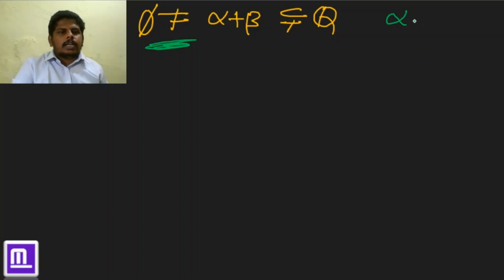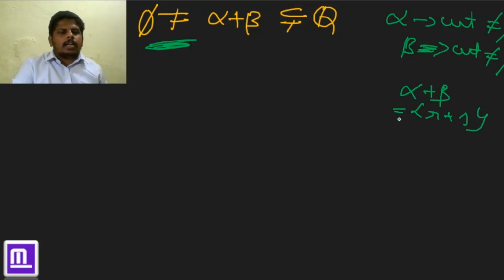Because alpha is a cut, that means it is not a null set, and beta is also a cut, so this is also not a null set. And alpha plus beta we defined as r plus s, where r belongs to alpha and s belongs to beta. So there are r and s such that r plus s belongs to alpha plus beta. This part is very clear.